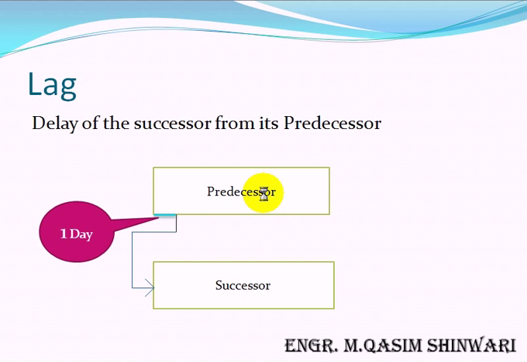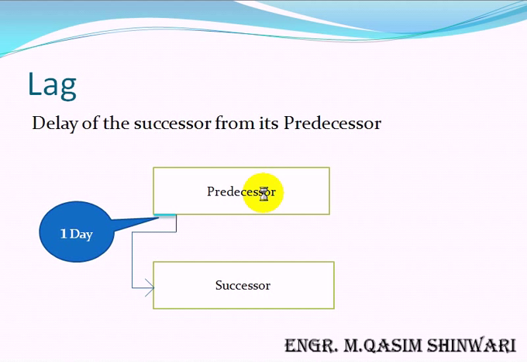If we give this kind of lag, which is shown here and highlighted, it is known as positive lag. For example, this will be entered as +1 or simply 1. So it will give the lag duration as 1 day.